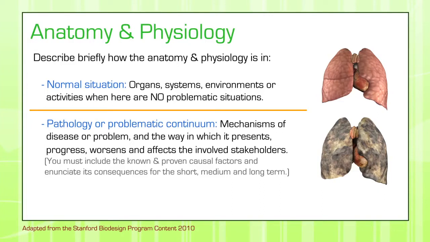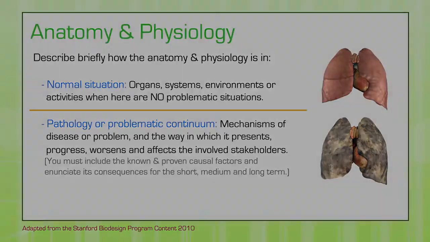So in the case, for example, of a lung disease, in an anatomy and physiology analysis, you would expose all the anatomy of the bronchi, of the lungs, of the pleura, all the sections, all the lobes of the lungs, and of course how it oxygenates blood and how it liberates waste gases into the atmosphere again when you exhale. So that's the normal situation analysis.